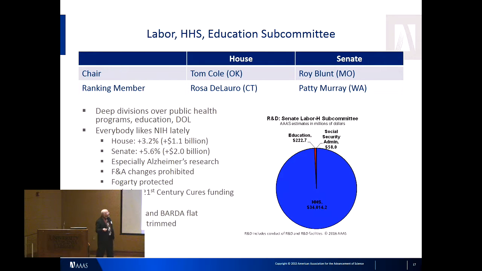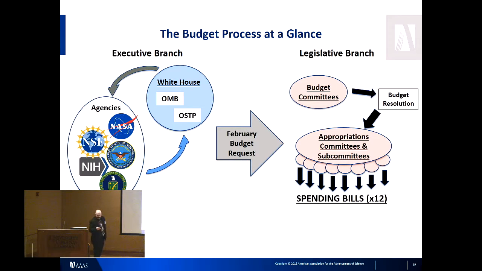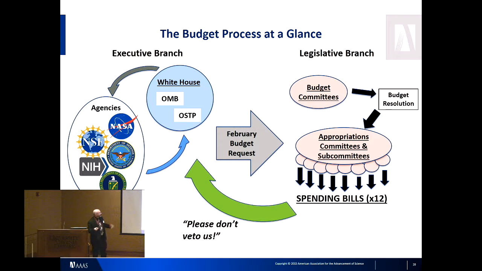Different agencies fare differently. Anyway, the subcommittees are writing their spending bills. Those bills have to be adopted at the subcommittee level, the full committee level, then on the chamber floor in the House and the Senate.